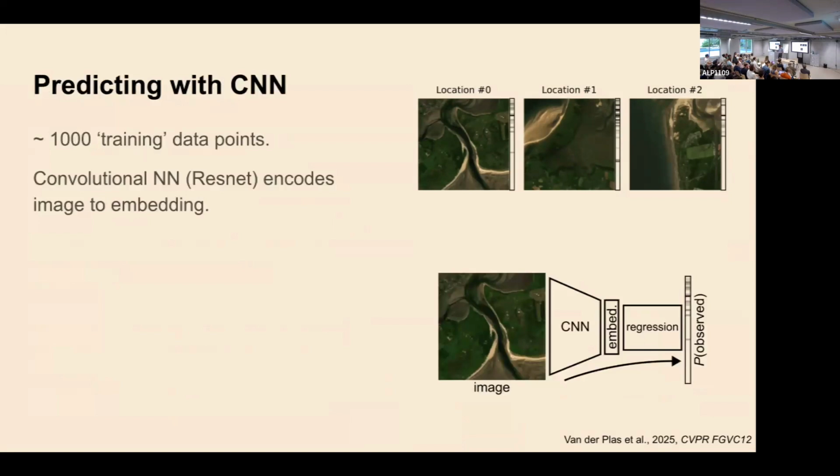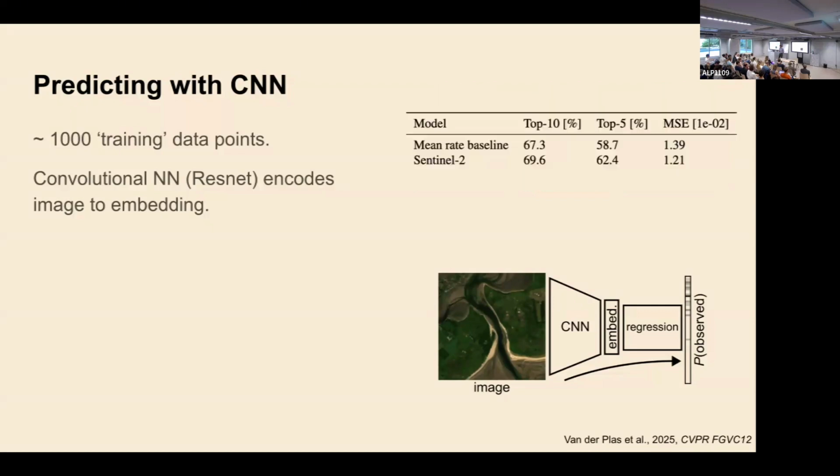When we started this, we followed the approach from the Sedberg paper, where we trained a convolutional neural net to predict the 62 species from Sentinel-2 images. The data set is quite small. With these 1,300 data points, we use about 1,000 for training the network, and obviously this quite limits the performance that we can get.